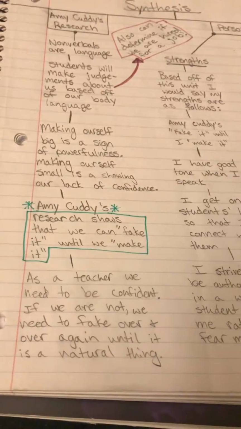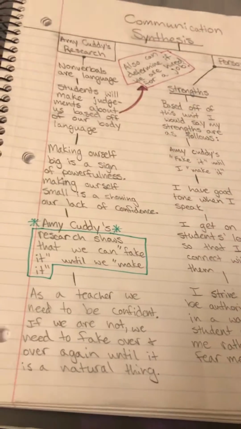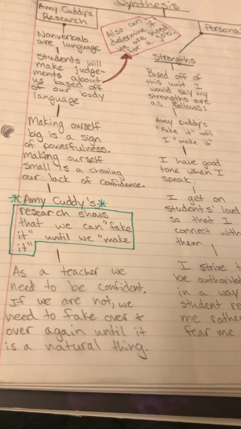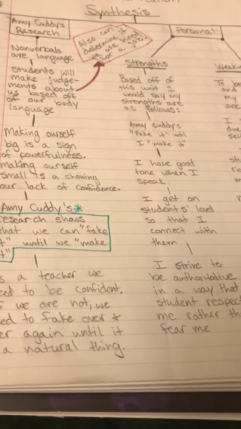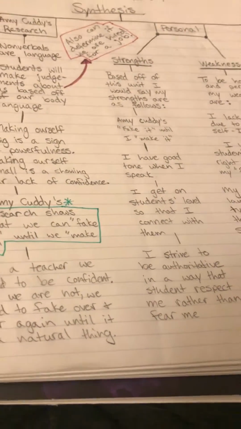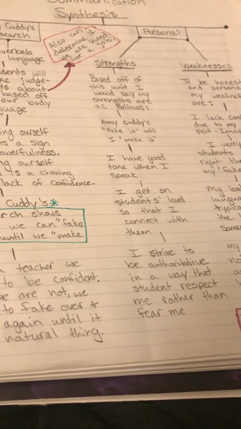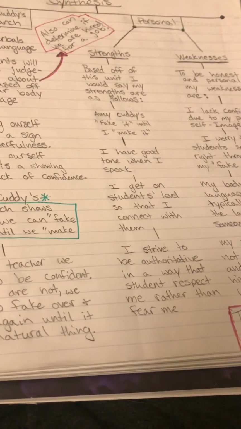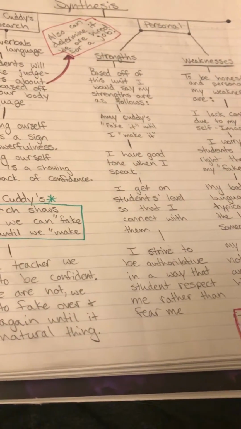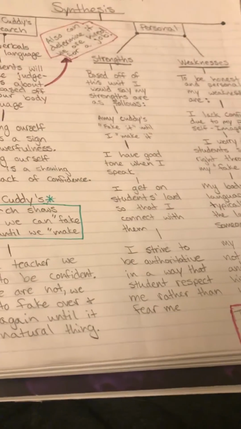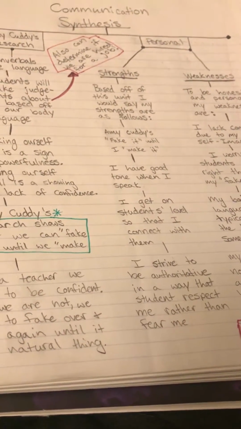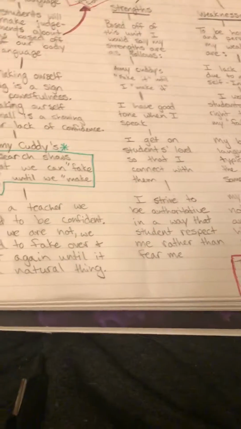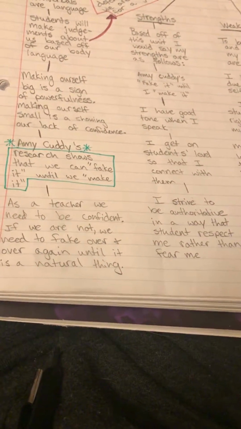So it's finding that happy medium, because I really want to fake it till I make it, but I also want to be true to who I am, because I think it's okay for students to see a little bit, not a lot, of vulnerability, as far as I'm imperfect too, and I don't always know everything, but I can show you how I figure it out or how I get there. And so I think that vulnerability of showing imperfections in myself can be important with students.